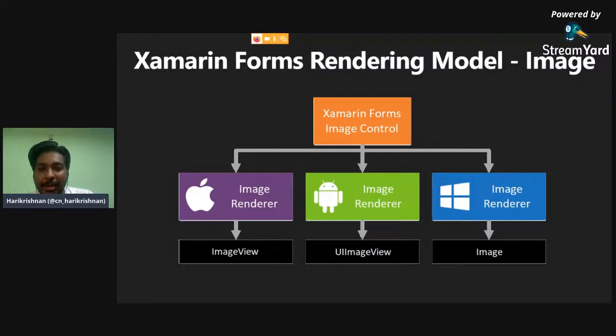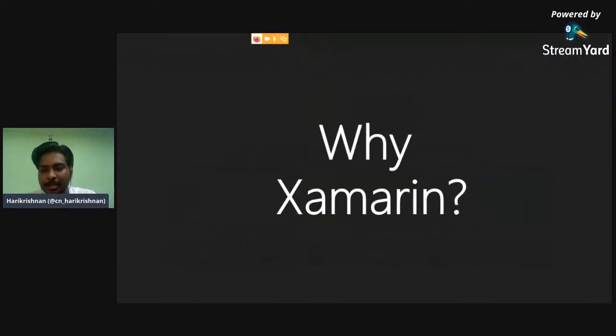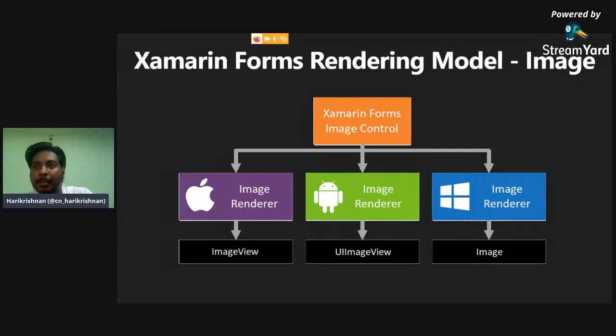So let's for example take this image control. An image in Xamarin.Forms has built-in renderers for every platform. So any control that you use in Xamarin.Forms, or even that you develop in Xamarin.Forms, is nothing but a native control rendered internally by Xamarin.